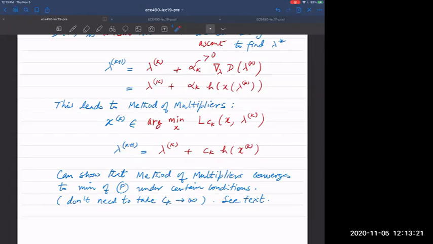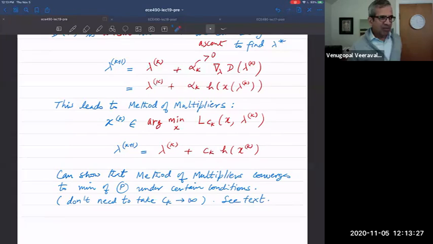So lambda going to lambda star and x going to x star is sort of coupled. Yeah, exactly. But rather than going through the gory details of that proof, I thought I'd just give you some intuition as to why this method of multipliers might work in practice. If you want to see the details, look at the textbook.